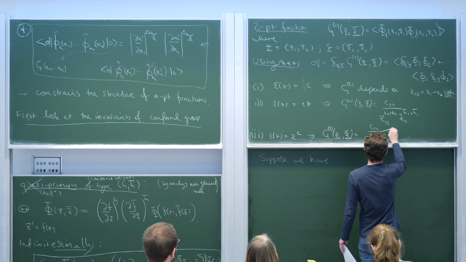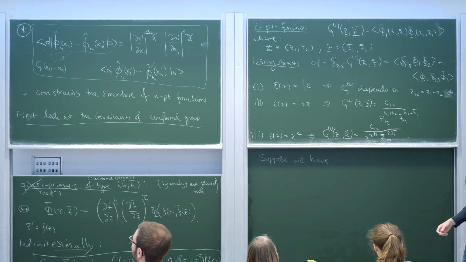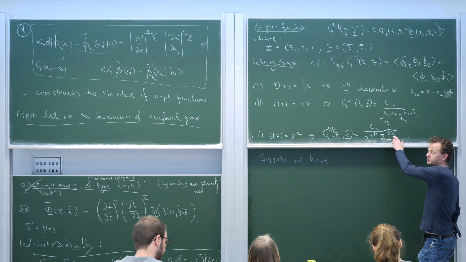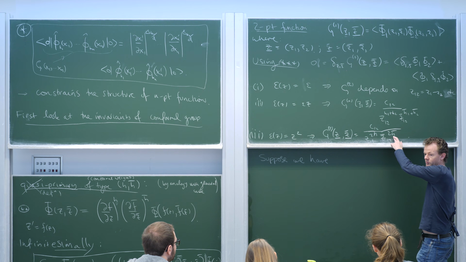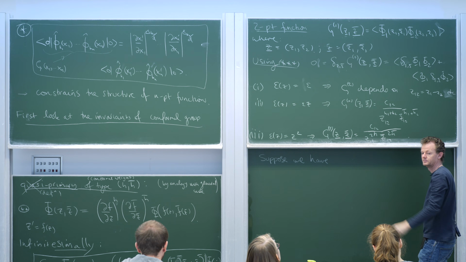So things are sort of the same but a bit different from the last case. If H doesn't equal H bar, then this does exhibit some non-trivial dependence on Z and Z bar.